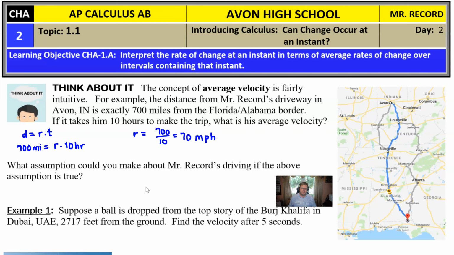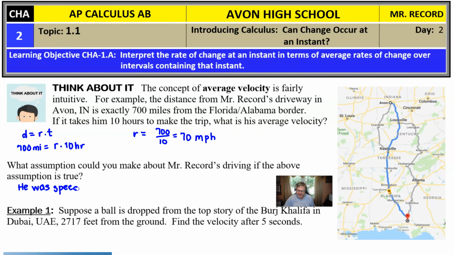Let's assume that is the case through all of these states I would be traveling. If that's the case, and this is my average rate, I certainly had to speed at some point. Now, why would that be the case?